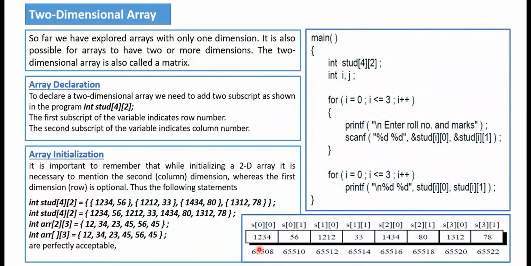So you can see 65508 holds the value 1234, which is row 0 column 0. Similarly, for row 0 column 1 we have 56, which is stored in the next corresponding address. Okay, this program is used for declaring a 2D array, storing the values of roll number and marks, and finally printing them.